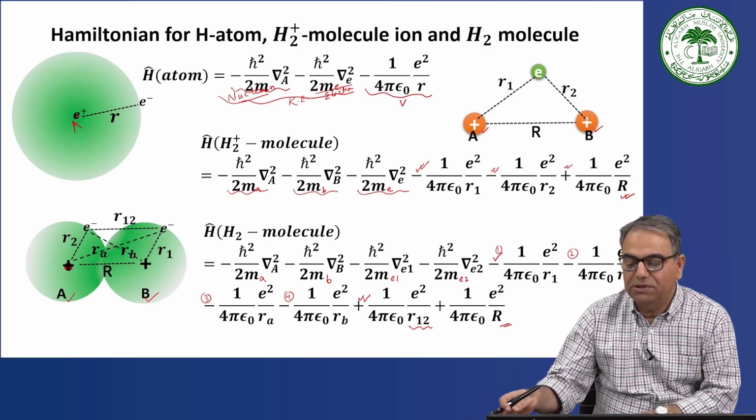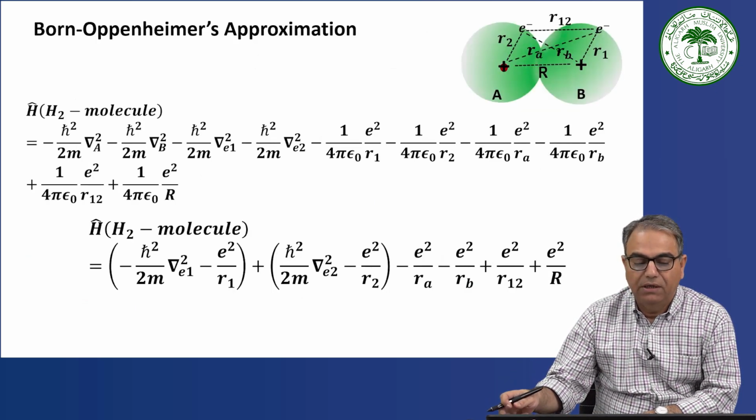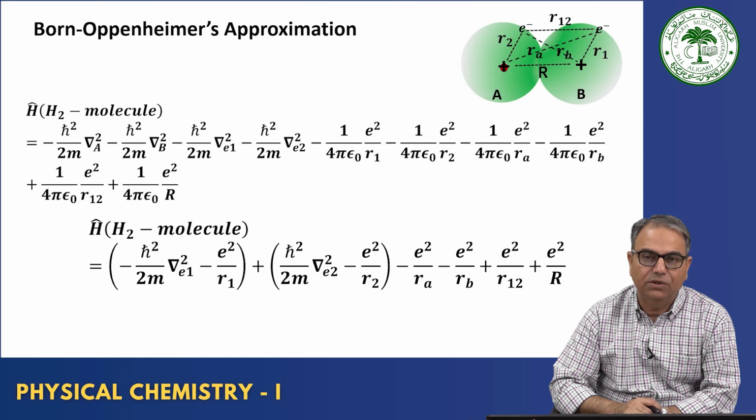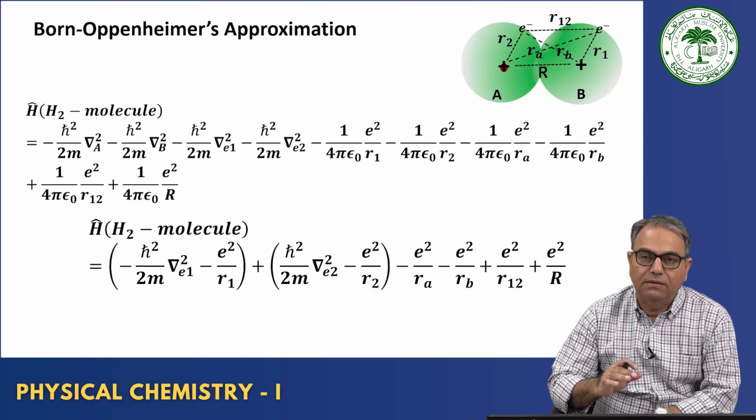Another approximation which simplifies this Hamiltonian is called the Born-Oppenheimer approximation. I think I talked about this earlier also. What we say in the Born-Oppenheimer approximation is that the nuclei, being very heavy, are supposed to be static, frozen, and only the electron movement we take into account.